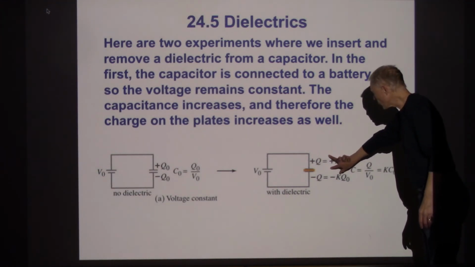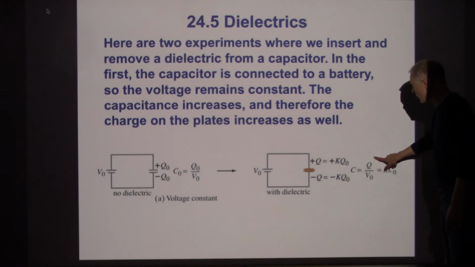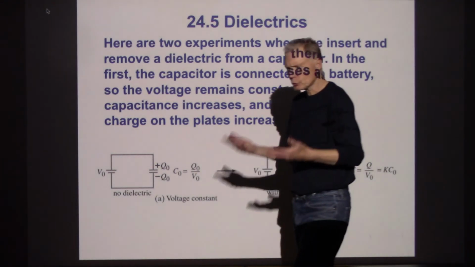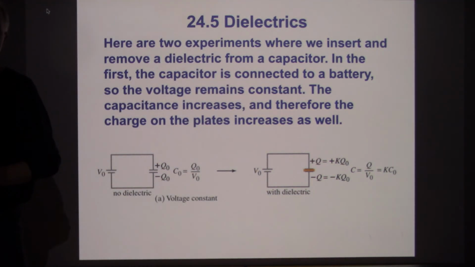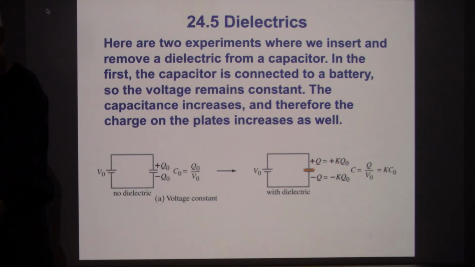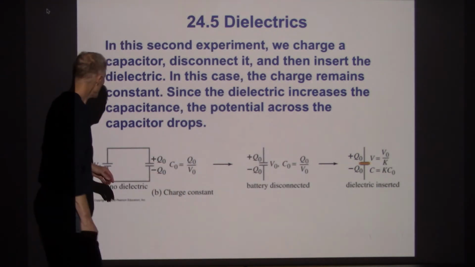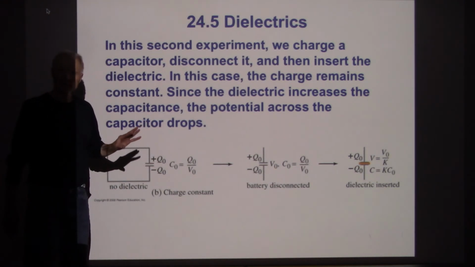And so the charges go up, and that means that now the capacitance has gone up by a factor of K, because the amount of charge stored in the capacitor has gone up by a factor of K using the same voltage battery. Now, a second experiment we could try here would be to charge the capacitor, but then disconnect it.